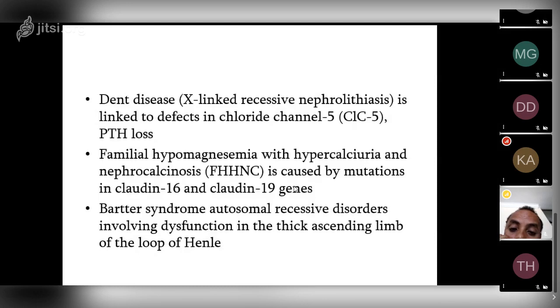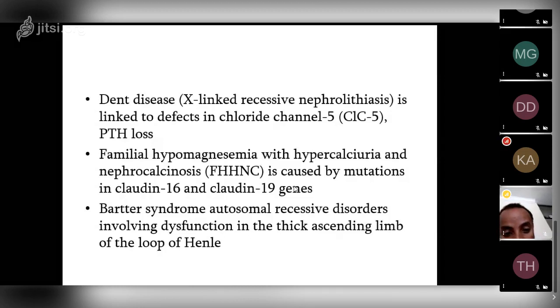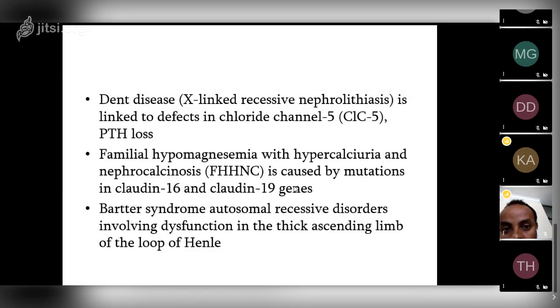Dent disease, or X-linked recessive nephrolithiasis, is linked to a defect in a chloride channel, and it is expected that there is loss of parathyroid hormone in the urine, and this loss causes hypercalciuria. Another is familial hypomagnesemia with hypercalciuria and nephrocalcinosis, caused by mutation in the claudin 16 genes.